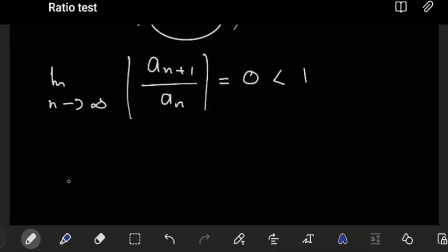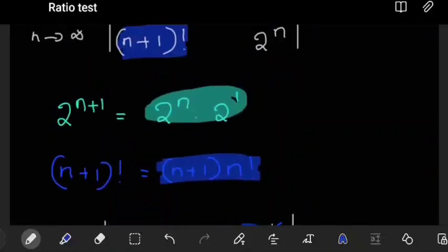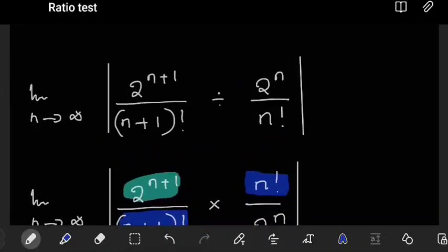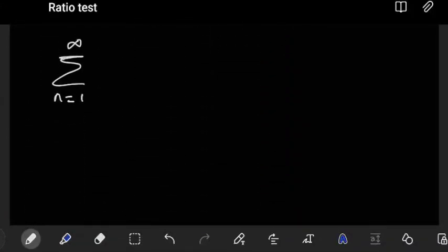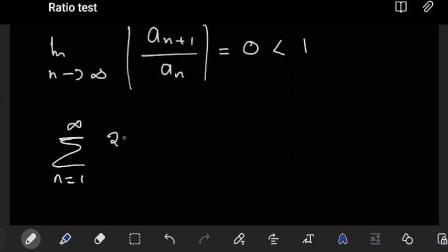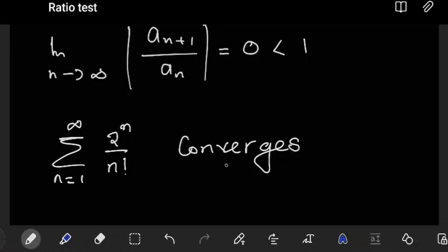We conclude that the series from n equals 1 to infinity of 2 to the power n over n factorial converges. Remember, to converge, the limit has to be less than 1. So this converges by the ratio test.